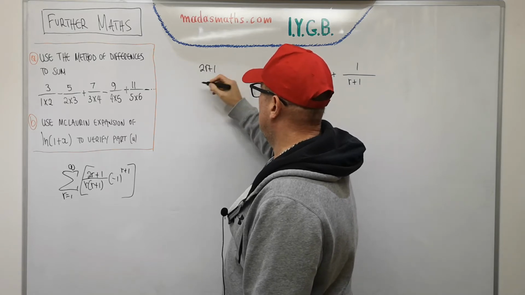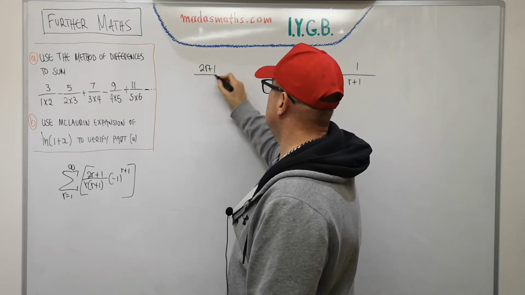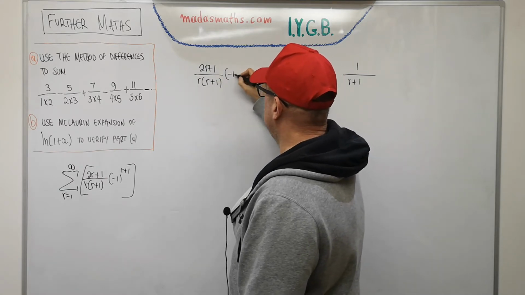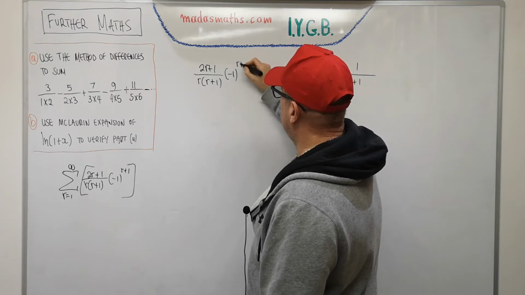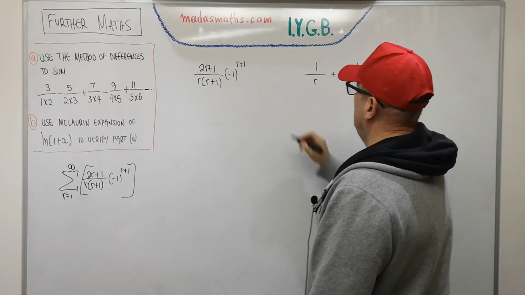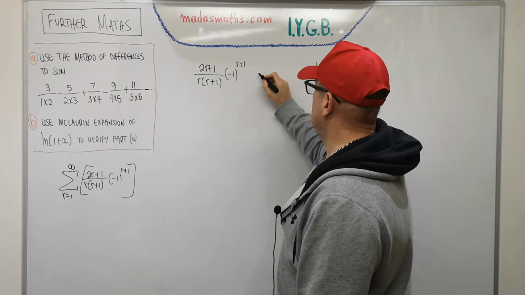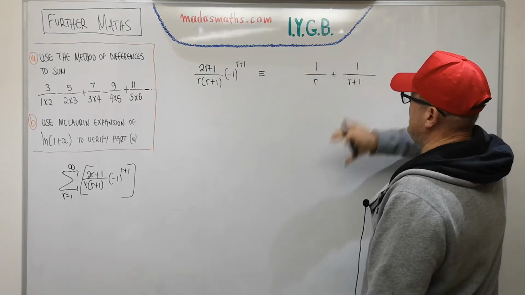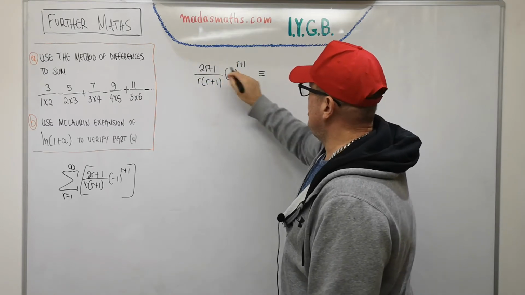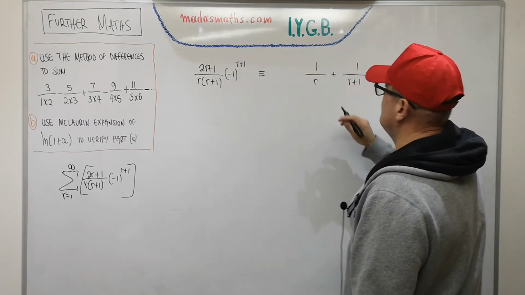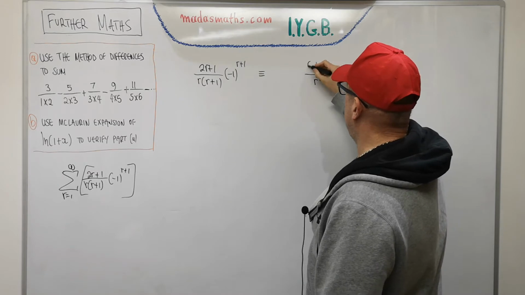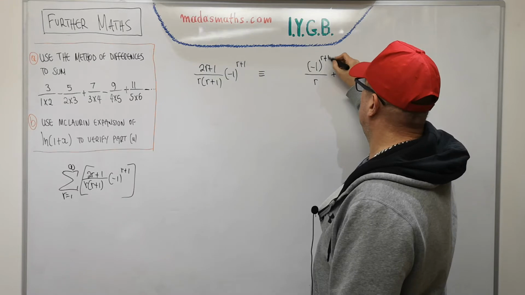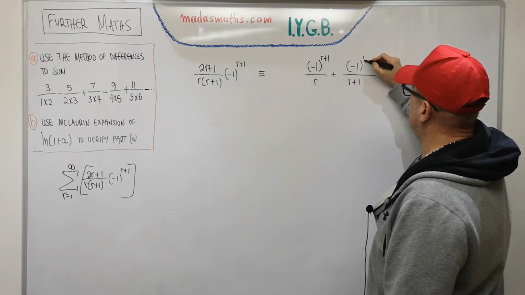So I'm actually saying 2r plus 1 over r times r plus 1, times minus 1 to the r plus 1. Actually, I could have just rubbed off the sigma. I'm very stupid at times. This is going to give us now, this bit came from just this term, so we need to multiply each of these by minus 1 to the r plus 1.